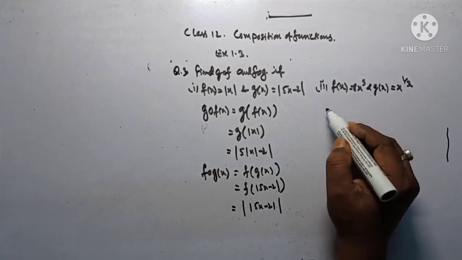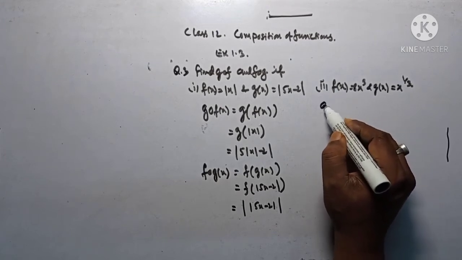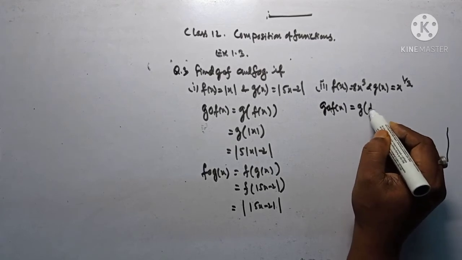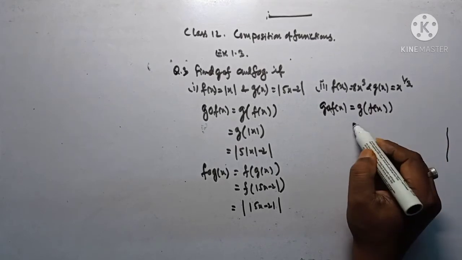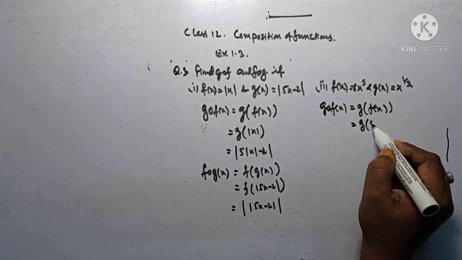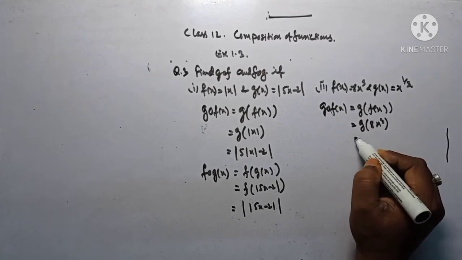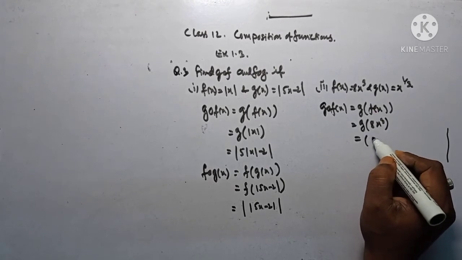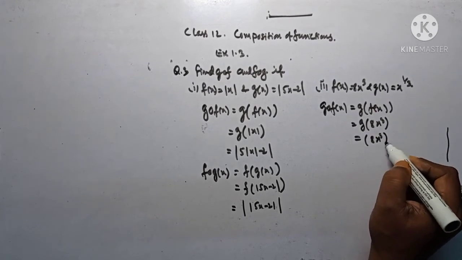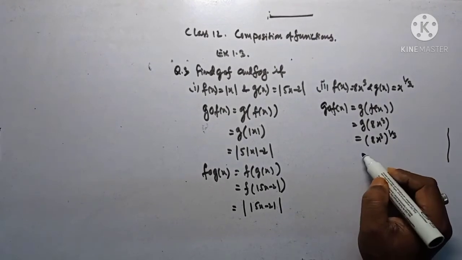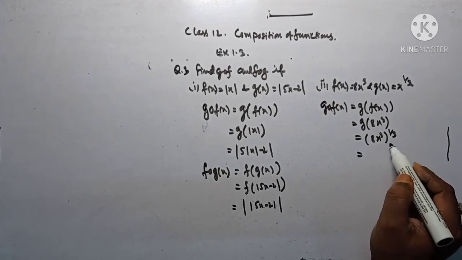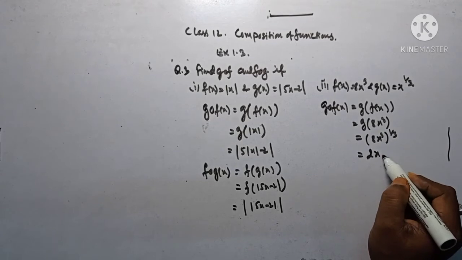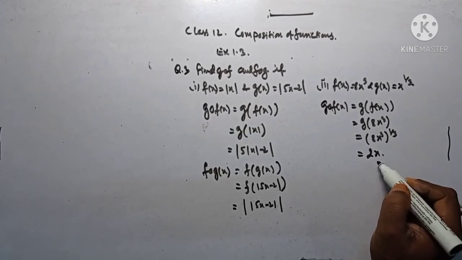Now again for the second set, g of f(x): here your f(x) is 8x cube, and this value becomes x, which you put in g. So (8x cube) to the power of 1 by 3 comes out to be 2x.